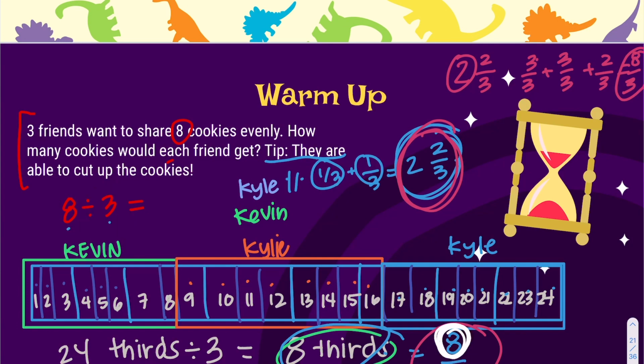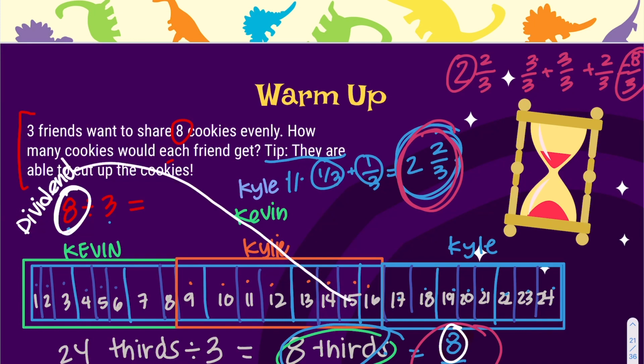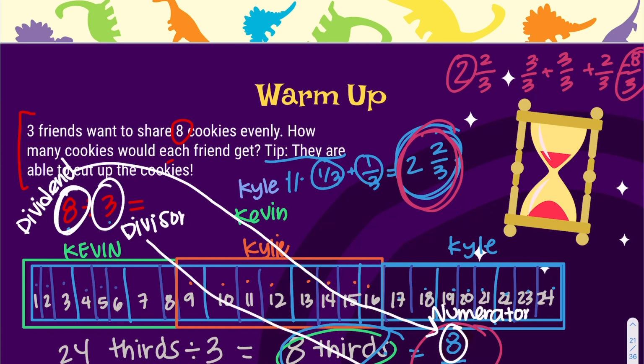So I don't know if you guys noticed, but this 8 and this 8, that was our dividend. This was our dividend. Has now become our numerator in our fraction, and our divisor has now become our denominator.